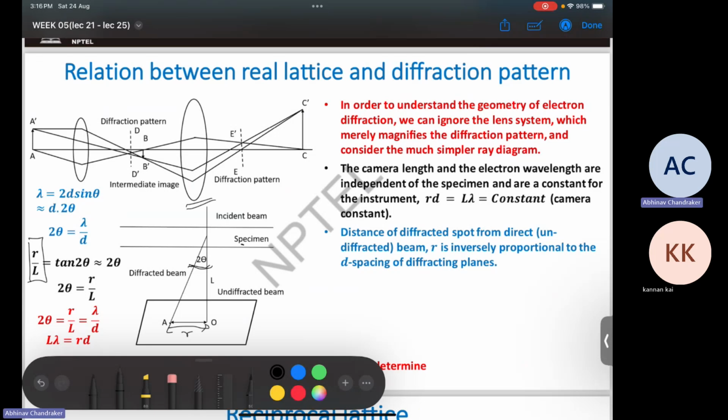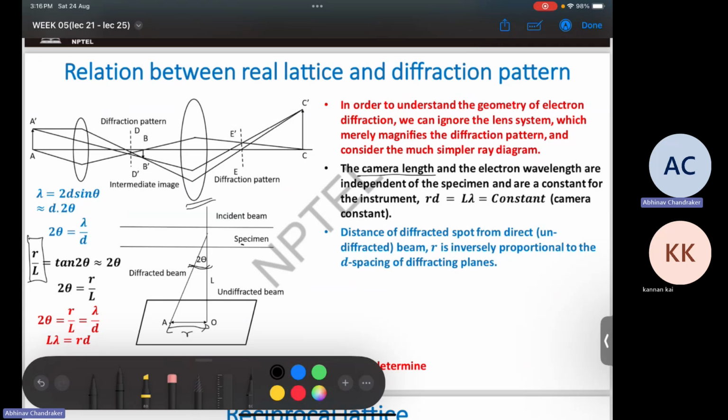you can consider L to be what has been called the camera length. So this will be different from the physical distance because it will also have to incorporate the refractive indices of the lenses. But you can call it the notional length. So the length that the electron sees as it leaves the specimen and reaches the screen.